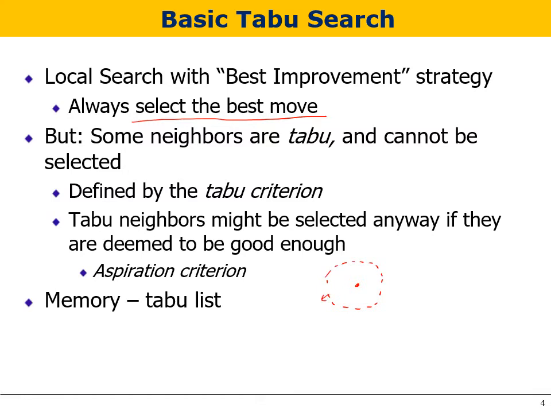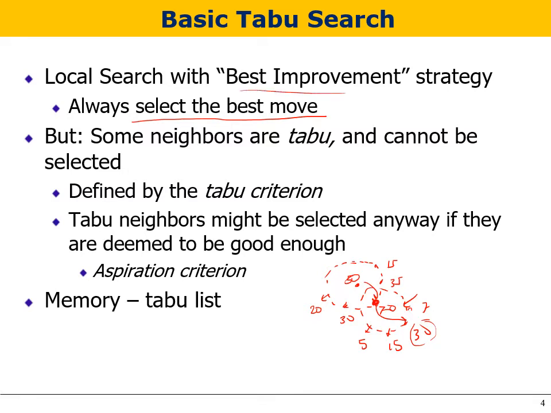Let's say that you are maximizing, current objective function value is 50, and there is a solution here 20, there's another 30, there's another 70, there's 35, there is 15, and etc. You evaluate all of them, you find the best one for a maximization, this is the best one, then you jump to this one. Then for this 70, again you search the neighborhood, and you see that there is 5, there is 15, there is 30, there is 7, and etc. And you see that this is the best option among all others. Although it is worse than the current solution, we still go to this best solution. In this sense, it is called best improvement.